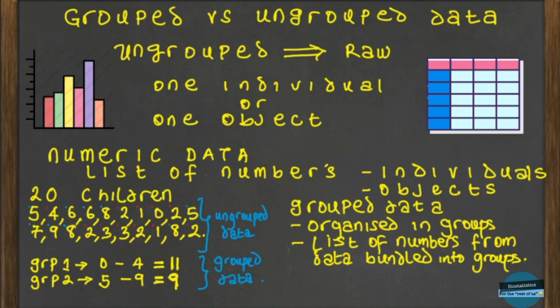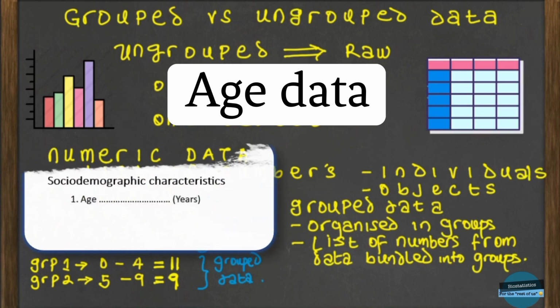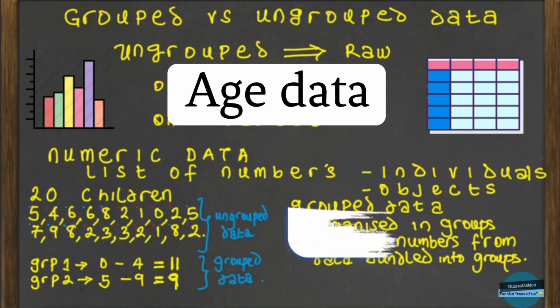So for example, you see some young researchers, and this is a big mistake that a lot of new researchers make. When conducting research, they want to collect, say, age data. The age data is numeric, right? So instead of asking their respondents for their actual ages, that's getting the raw age, so getting each individual's age, they instead group the age before even data collection.